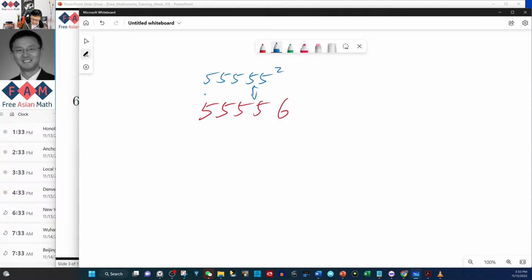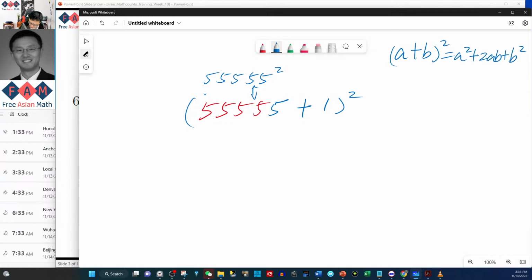Obviously, you want to write 55556 as 55555 plus 1, right? And then you will be able to use another formula. This is a binomial square, which is also very fundamental. If you write this, you should immediately know this is a squared plus 2ab plus b squared.